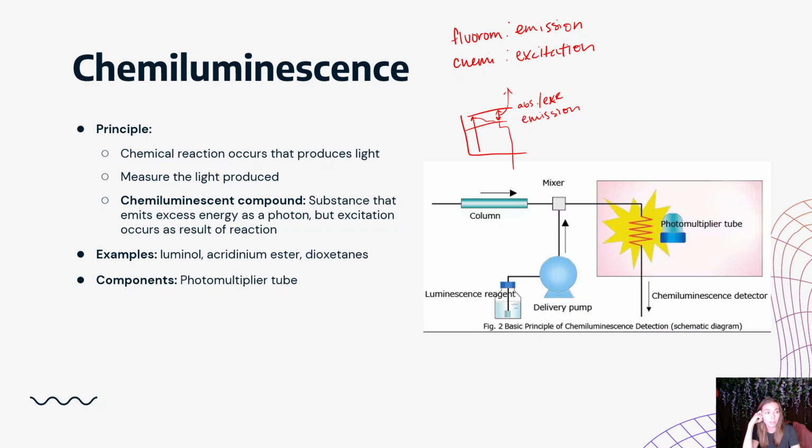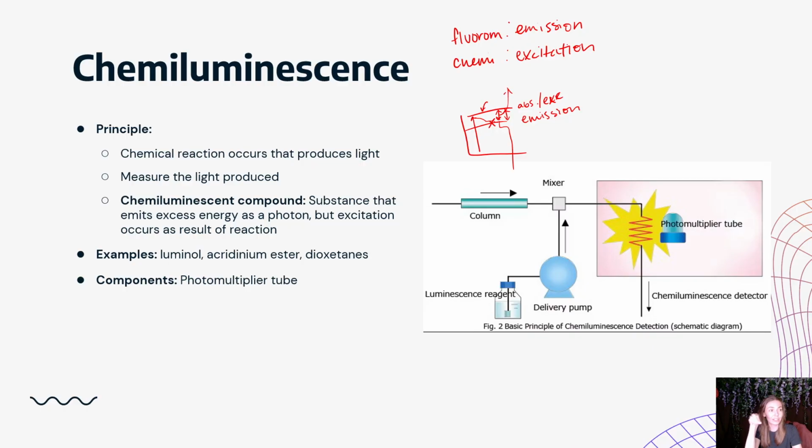And so that comes through stuff like the self-absorbance, the self-everything else that we talked about, the issues with fluorometry. With chemiluminescence, because we are measuring this top level and we're not measuring that bottom level, we don't have to worry about that loss of energy as much via other methods.